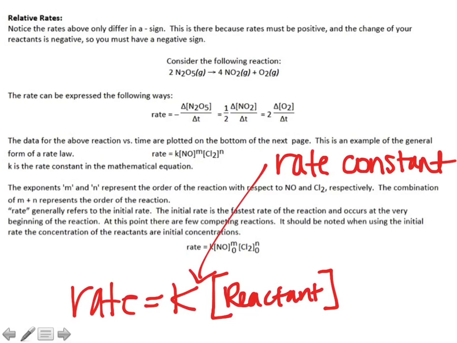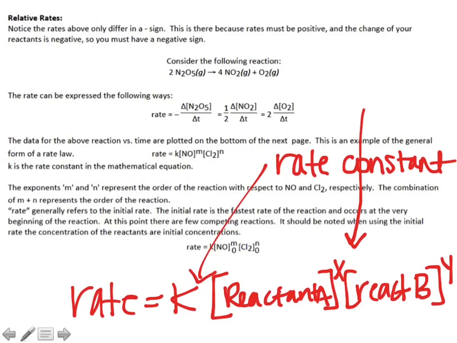If there's more than one reactant, you can have reactant A and reactant B, and each is raised to a certain power, and we call this an order. So m or x and y here represent the order of the reaction with respect to that reactant, and that is going to be the coefficient in front of that reactant.